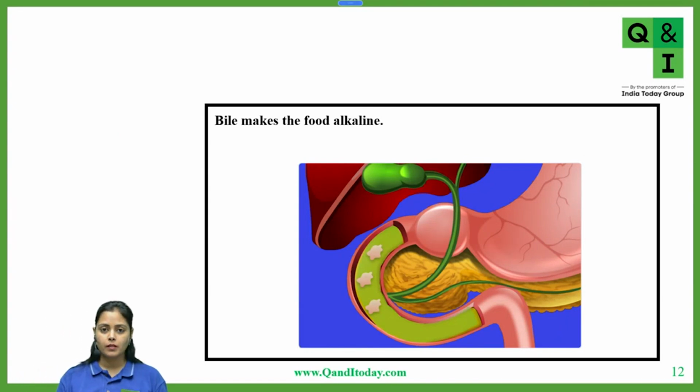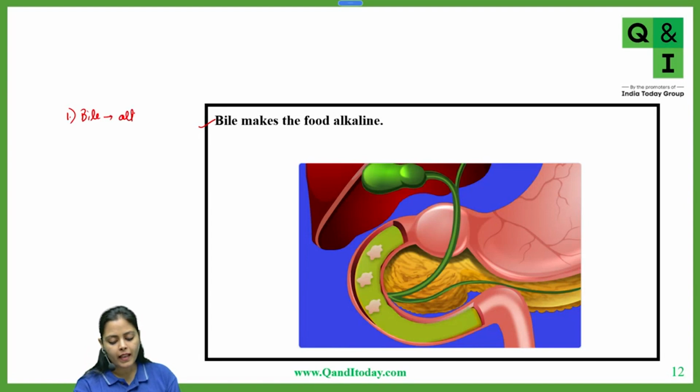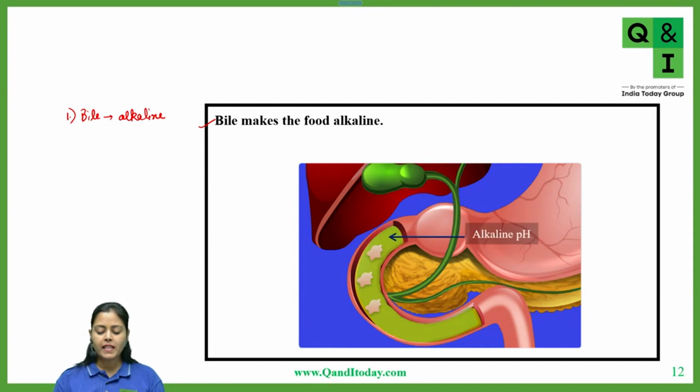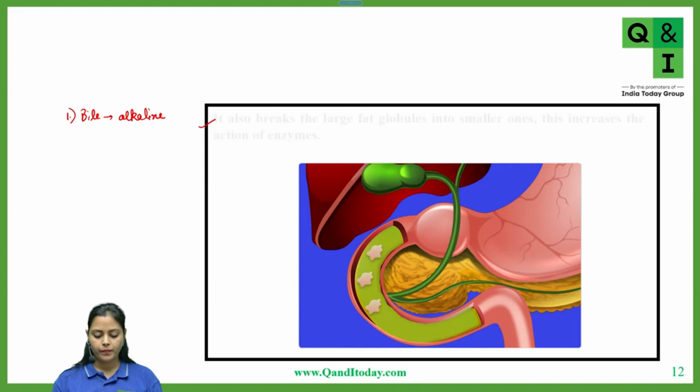So the first thing which bile is doing is making the food alkaline for digestion to occur in the small intestine. So this is its first function. This is the alkaline pH which is now being maintained by bile juice.